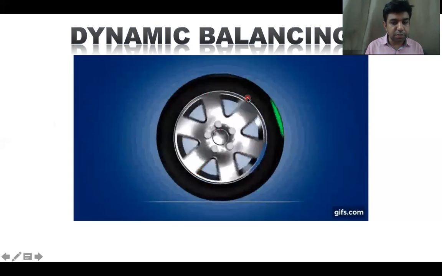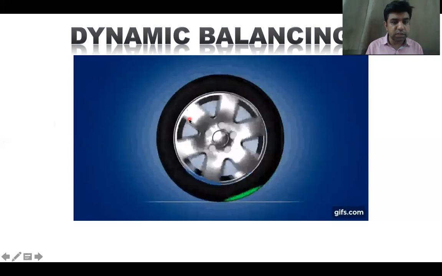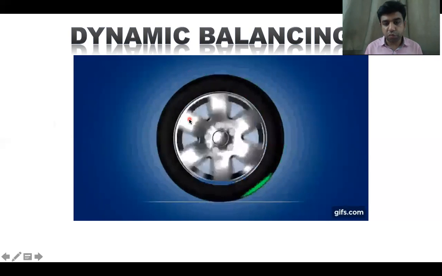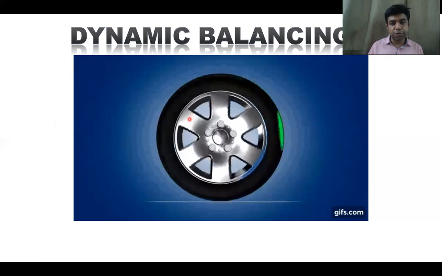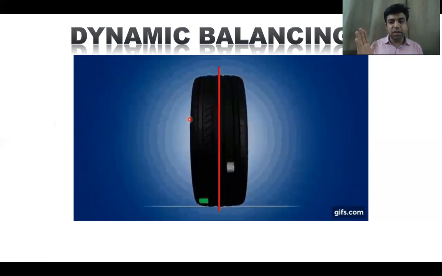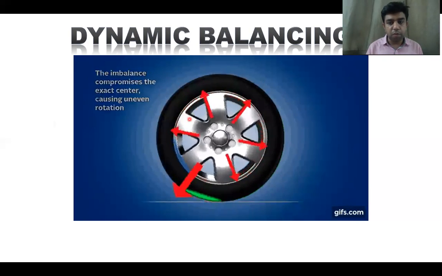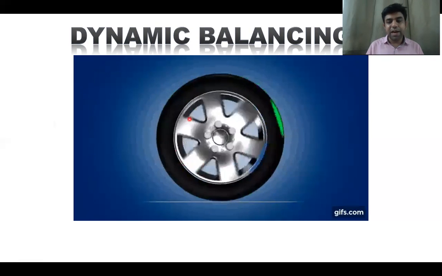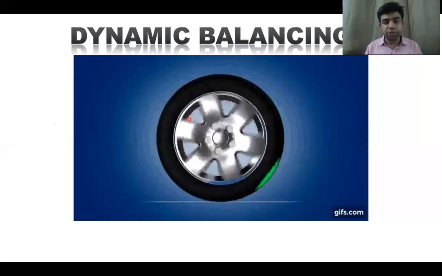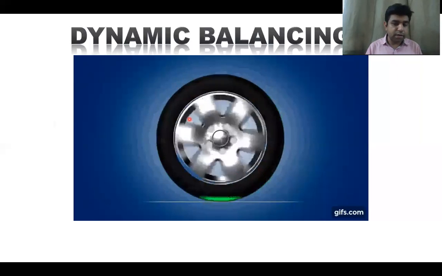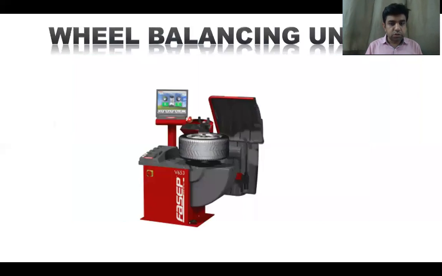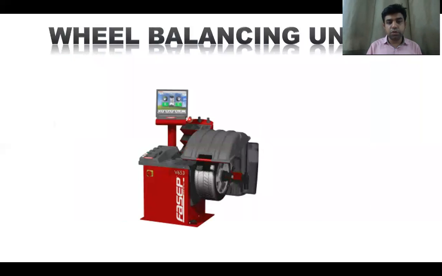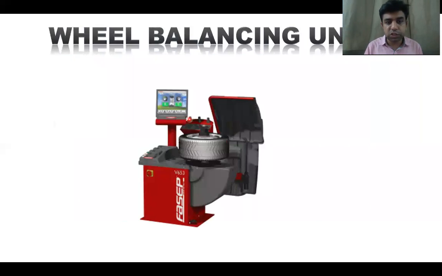Not only at one place, but at many places there is an uneven distribution of mass, which causes the wheel to have an elliptical movement as well as wobbling, and that can lead to a huge amount of vibration, which you will feel across your steering wheel, right? So it is very much desirable to remove this imbalance in the wheel.